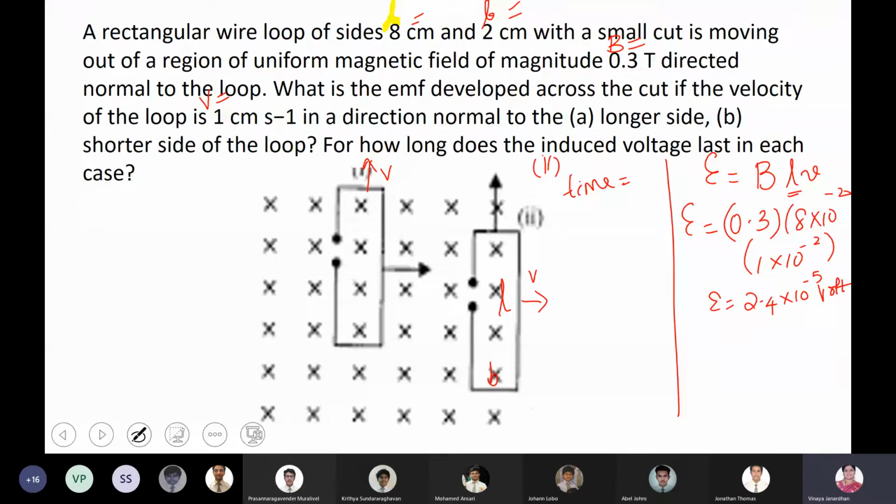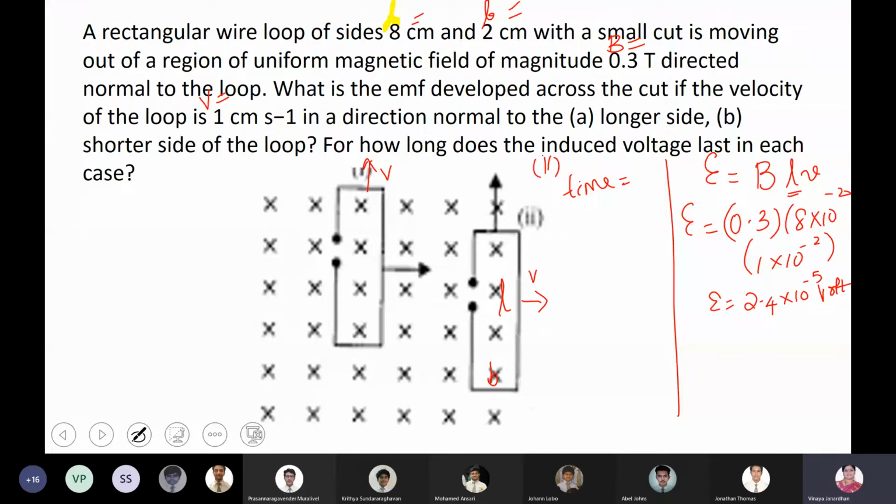Now here you can see the coil is almost at the verge of the magnetic field. It's almost going to leave the magnetic field. So as the coil is moving out, till the coil completely moves out of the magnetic field, the number of field lines passing through the coil is changing, hence an EMF is induced.